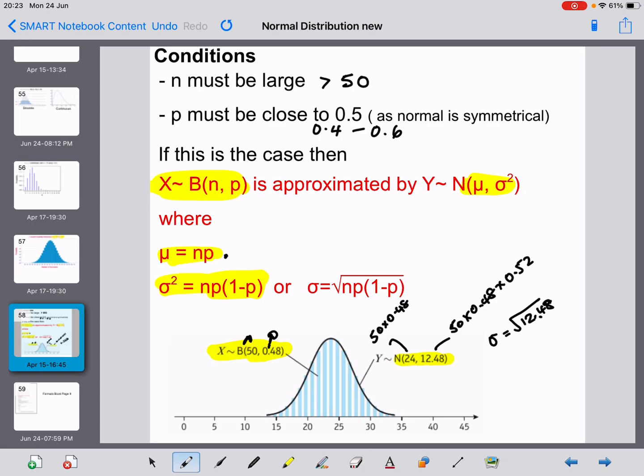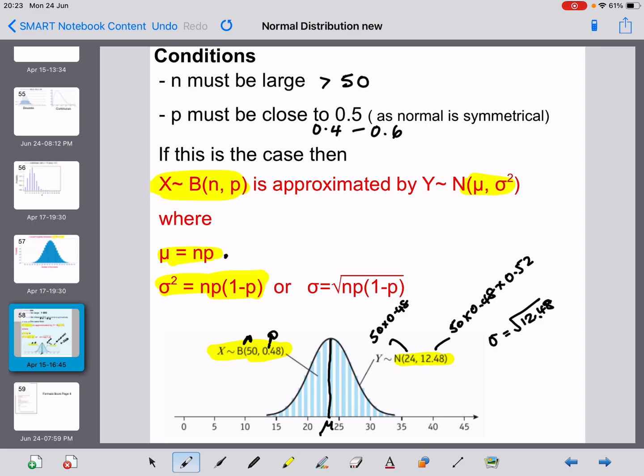If you look at the diagram, you can see that it's symmetrical. If I put the mean in there, it's symmetrical about 24. So that np, that 50 times 0.48, is what the curve is symmetrical about.